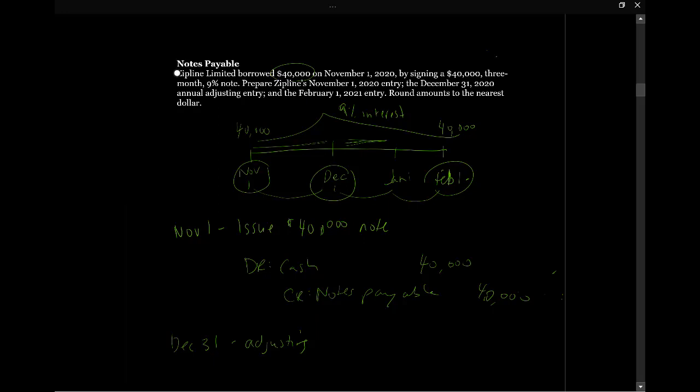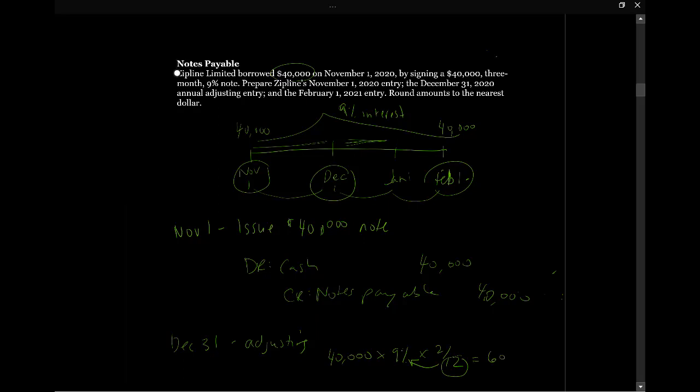So how much are we going to record? Well, we know we've got a $40,000 note, and it's going to be at 9%. But we need to remember 9% is an annual interest rate, so we need to adjust it for the period of time out of 12. The denominator here is 12 because this is an annual interest rate, and we've got 2 months that we need to accrue the interest for.